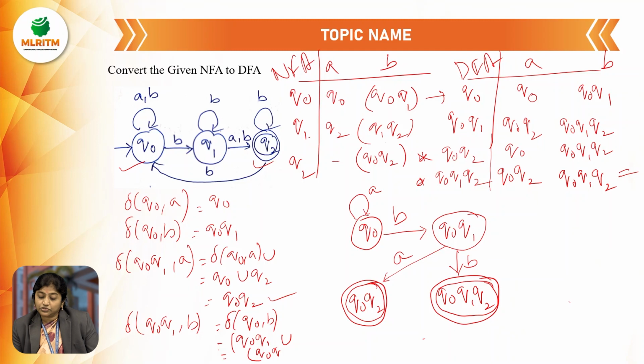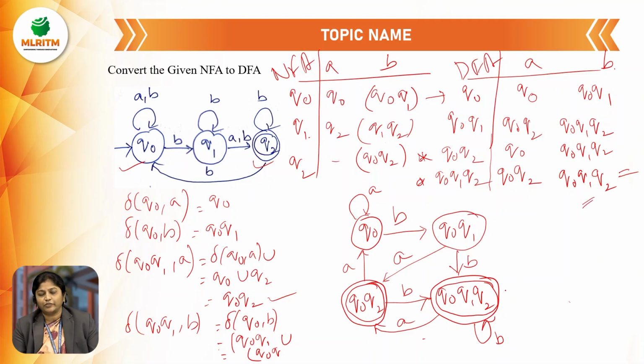Q0, Q2 on A is Q0, and on B is this. Next, Q0, Q1, Q2 on A goes to Q0, Q2. On B it is this itself, because Q0, Q1, Q2 on B is this same state, so we can take a loop.